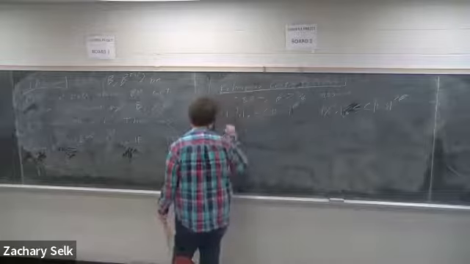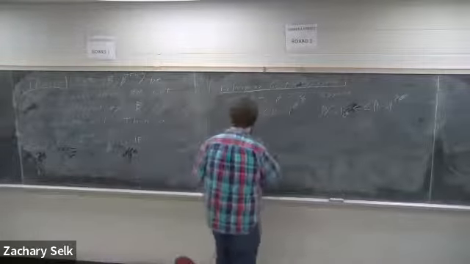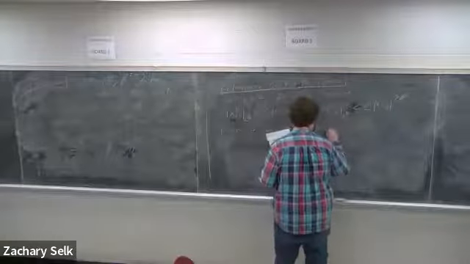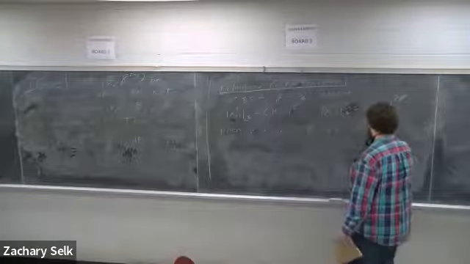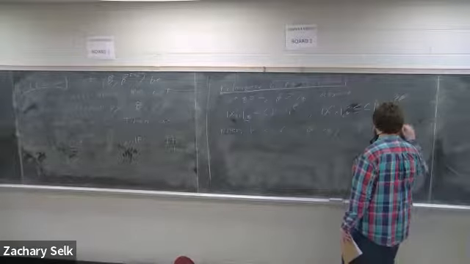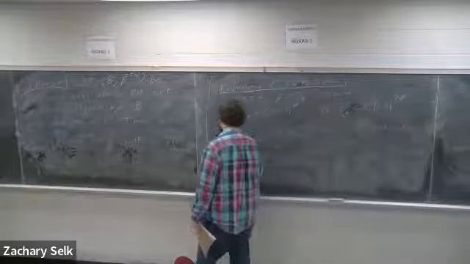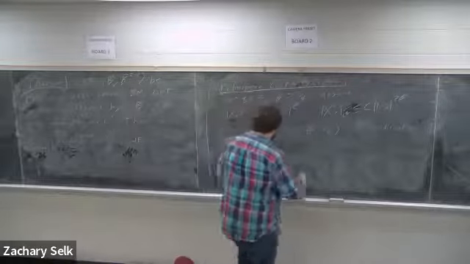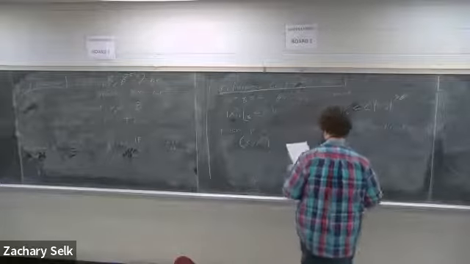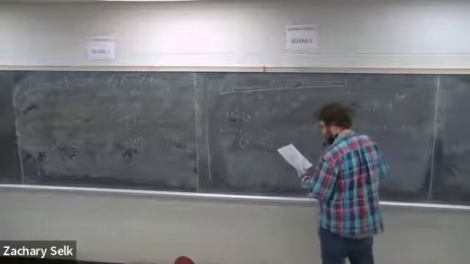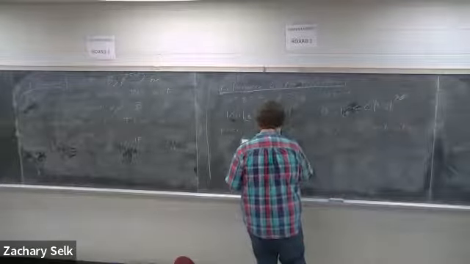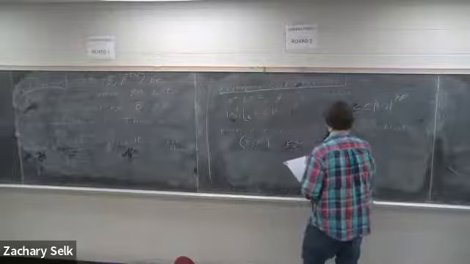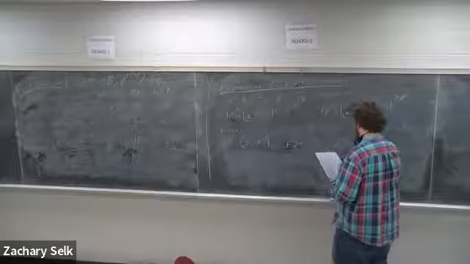Then for all alpha, there exists a modification, K alpha 1 in L^Q of omega, K alpha 2 in L^(Q/2).